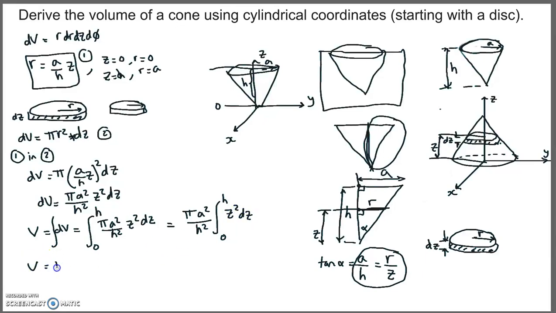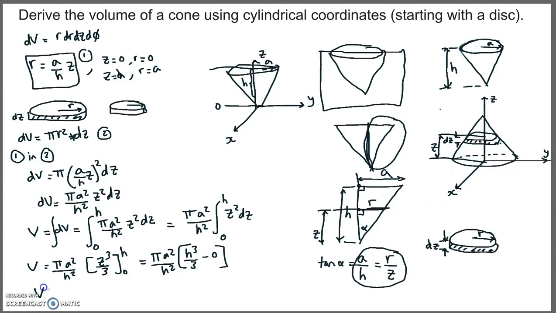So V equals pi a squared divided by h squared. The integral of z squared is z cubed divided by 3. And then if we substitute the limits of the integral, we plug in first the top value, which gives h cubed divided by 3, minus 0.